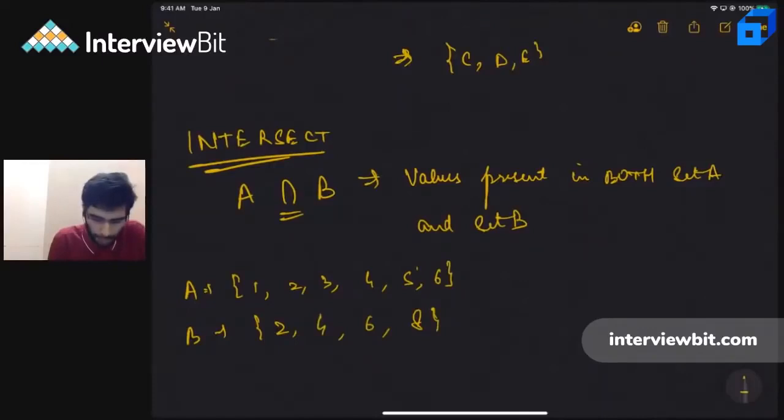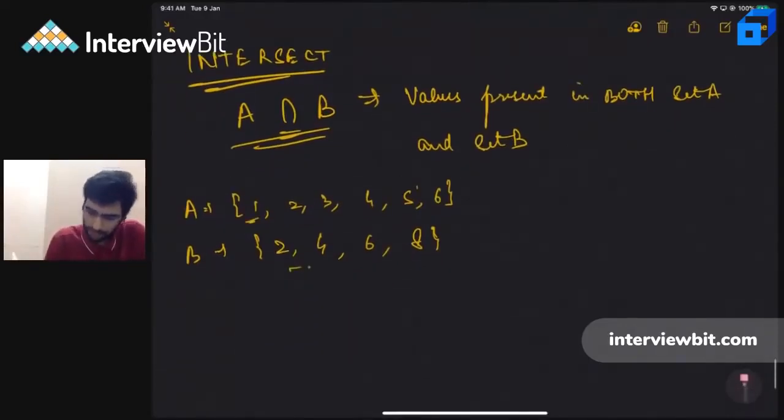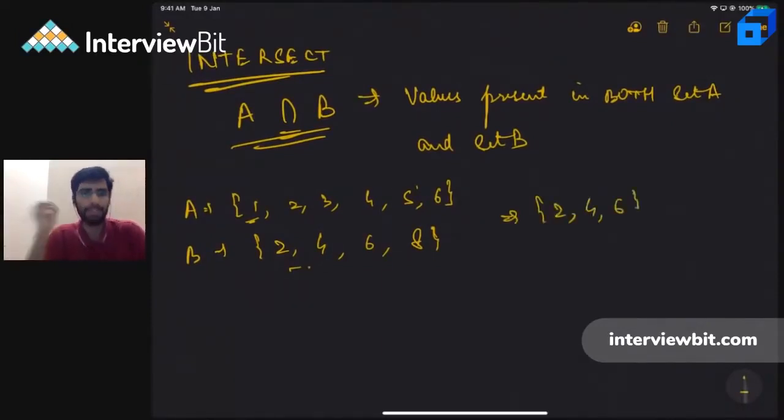Now, if you do A intersection B, it will return those values that are present in both of those sets, right? So it will return something that are present here as well as here. So those are things like 2, 4, and 6, right?